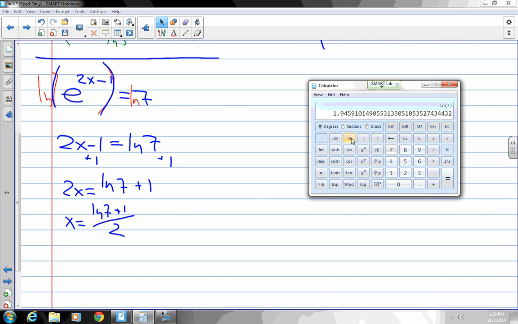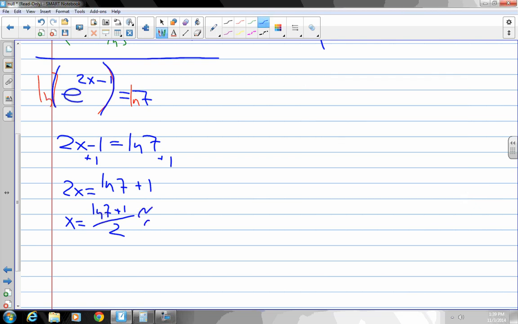Natural log of 7 plus 1 equals all of that divided by 2, so 1.47 or so. Is that okay?